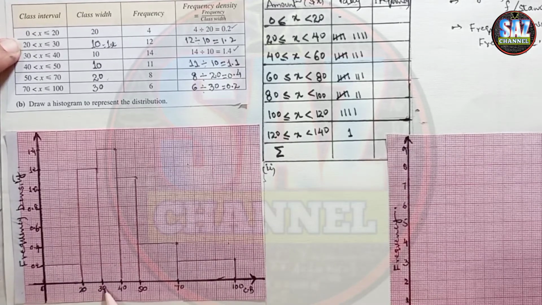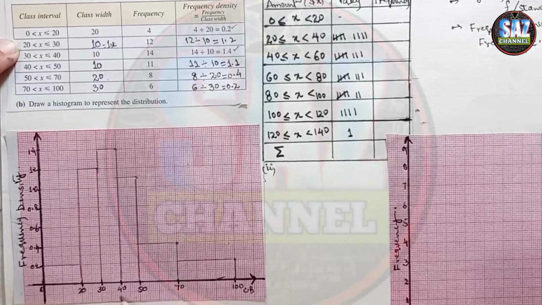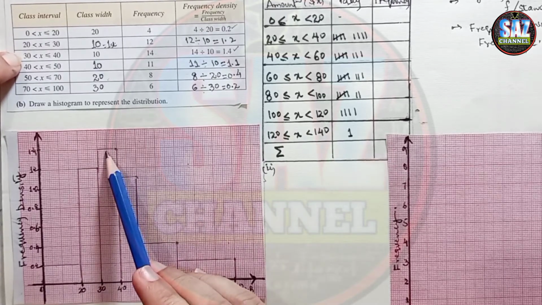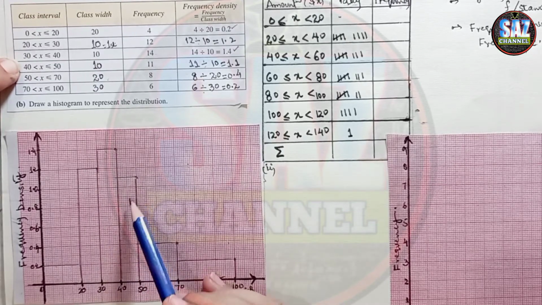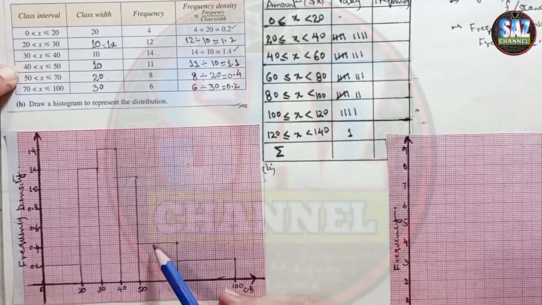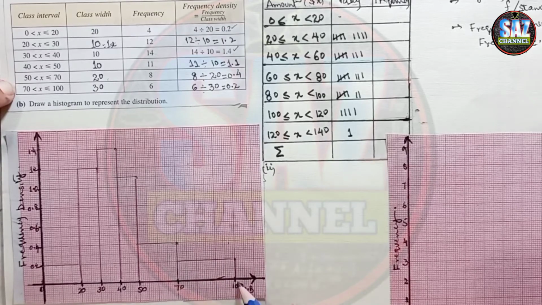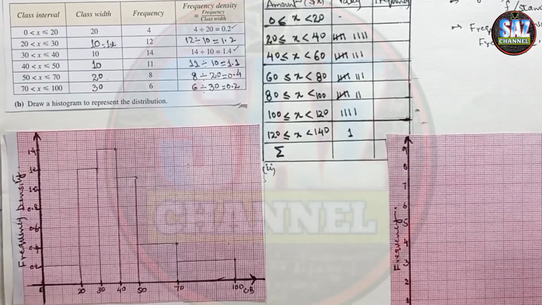The second is 20 to 30 and the frequency density here is 1.2, and then from 30 to 40, this is a 1 unit gap and 1.4, and then 40 to 50, this is 1.1, and then 50 to 70 a gap of 2 units, and the frequency density here is 0.4, and then 70 to 100 a gap of 3 units and 0.2. I hope the frequency density I have plotted correctly.